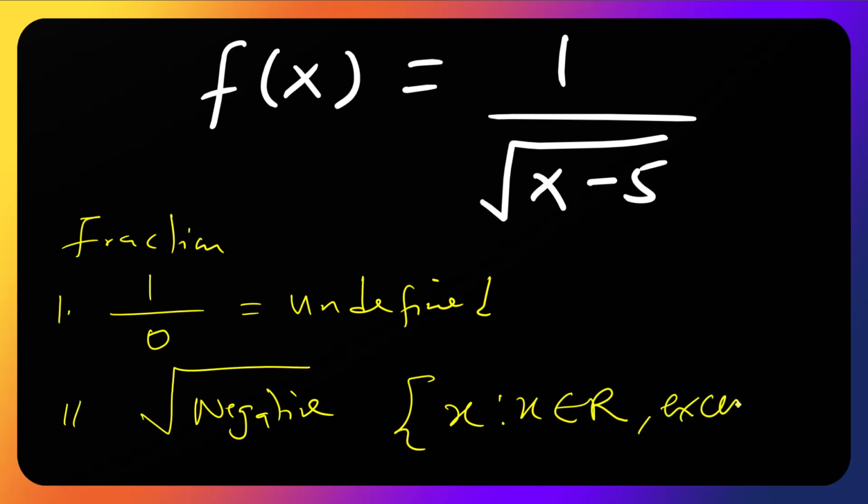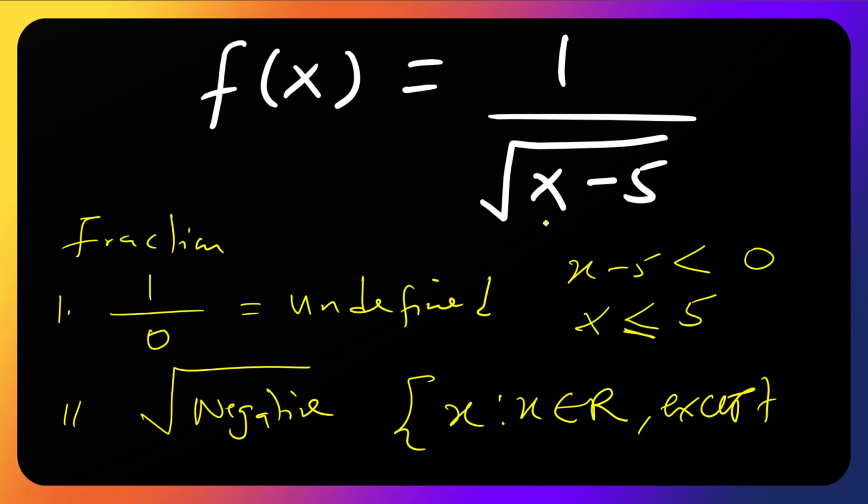except, when x minus 5 is less than 0, x will be less than 5. But because when this side is 0 it makes this undefined, you need to make the 5 part of the option.